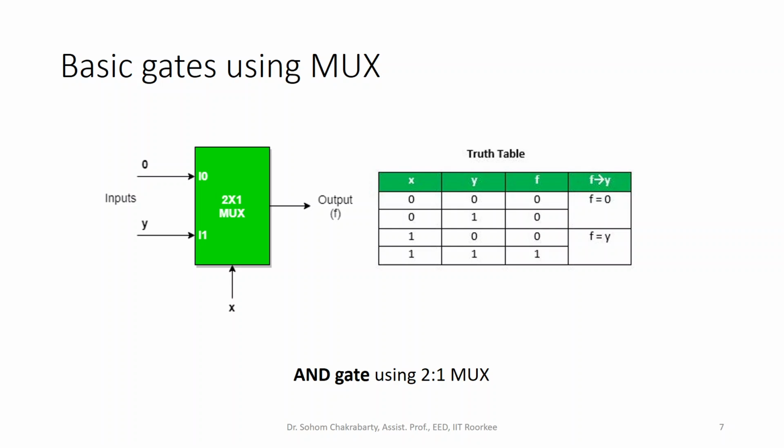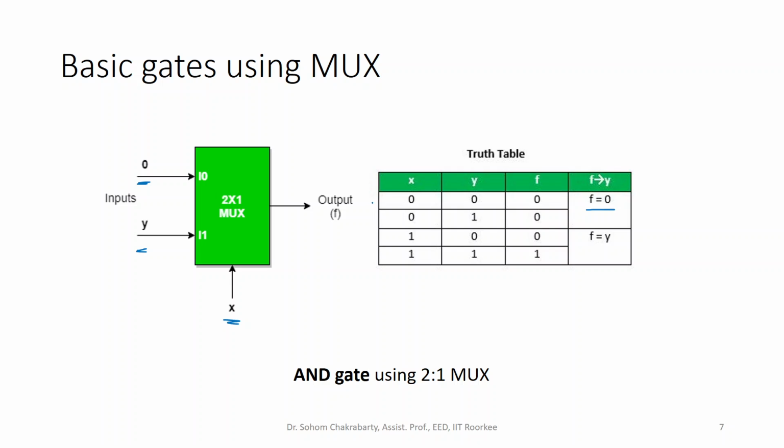So here you see that your inputs have to be supplied like this: your x is here and your y is here, xy. When x is 0, the input I0 is coming to the output, right? So you read the truth table. When x is 0, you must have the output also 0, so you supply 0 directly.